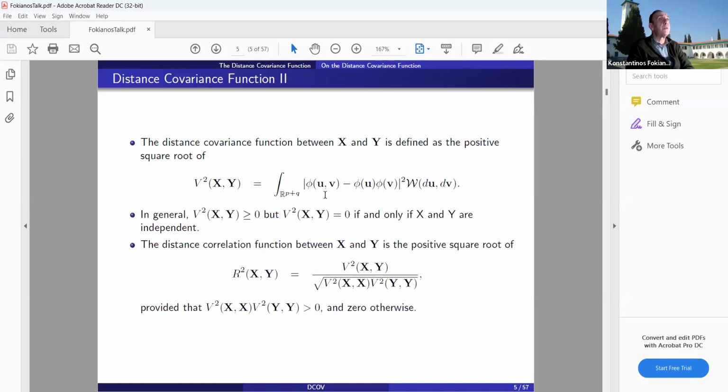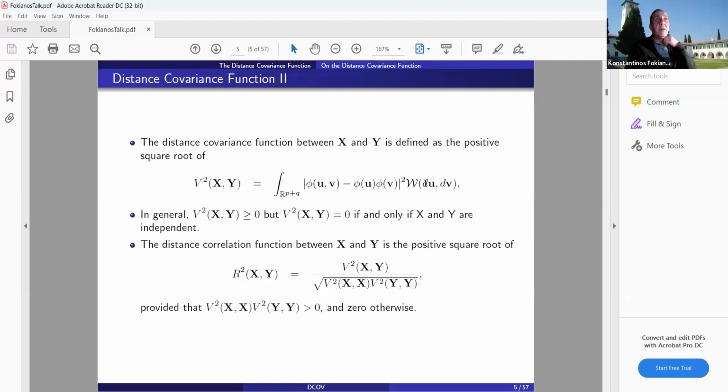Because of course you have this u and v, you can also integrate with respect to something, w, let's say. So you take a distance between the joint characteristic function and the product of the marginals, and w is a suitable measure that we will discuss in detail.